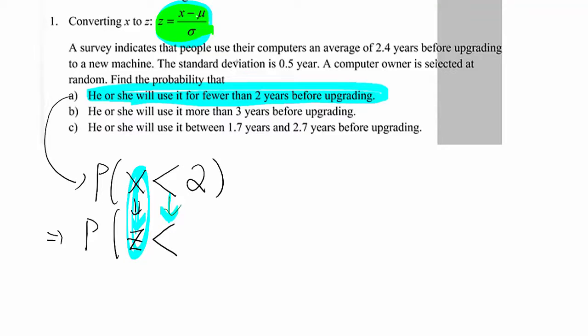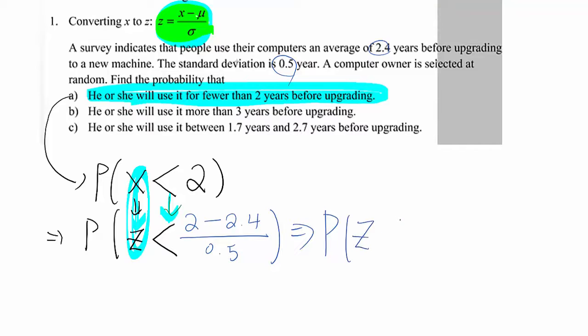Okay, therefore this will be 2 minus mu is 2.4, so 2.4 over sigma, which is 0.5. Okay, then this will be probability z is less than negative 0.8.